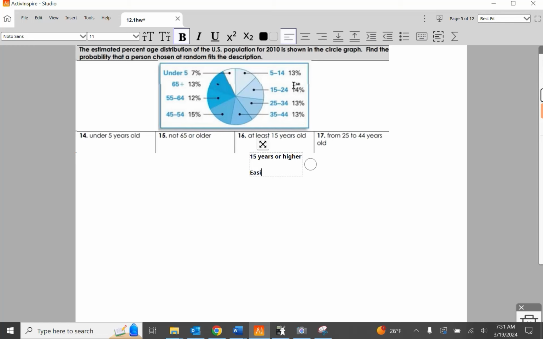It is easier to use a complement. The complement of 15 years or higher is going to be less than 15. So less than 15 is going to be 7% plus 13%, which is 20%.